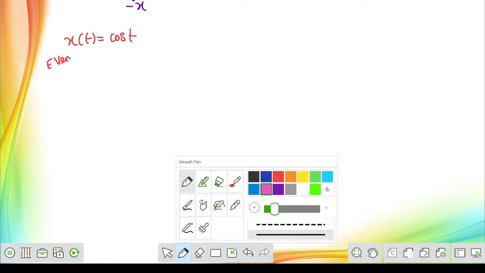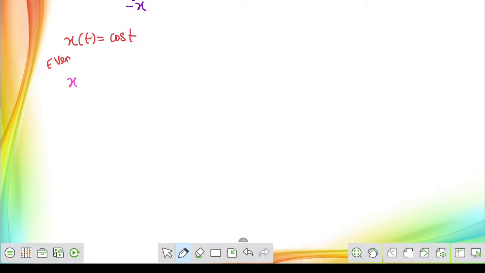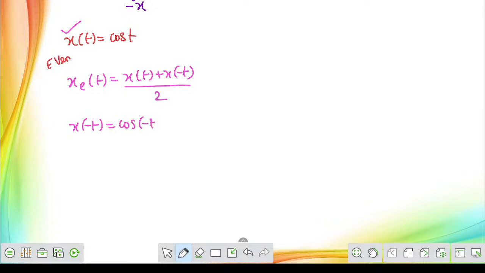The formula for the even part of any signal, x even of t, is x of t plus x of minus t, divided by 2. Now x of t is already given. Find the value of x of minus t. In x of minus t, t in cos t will be replaced by minus t. What we know is that cos of minus t equals cos t only.